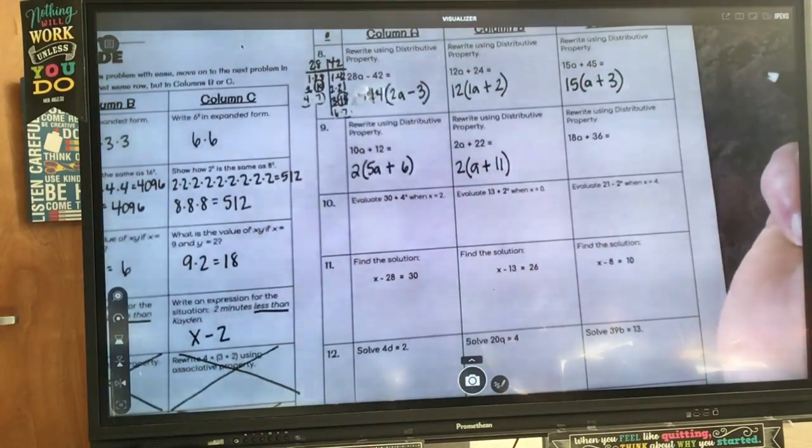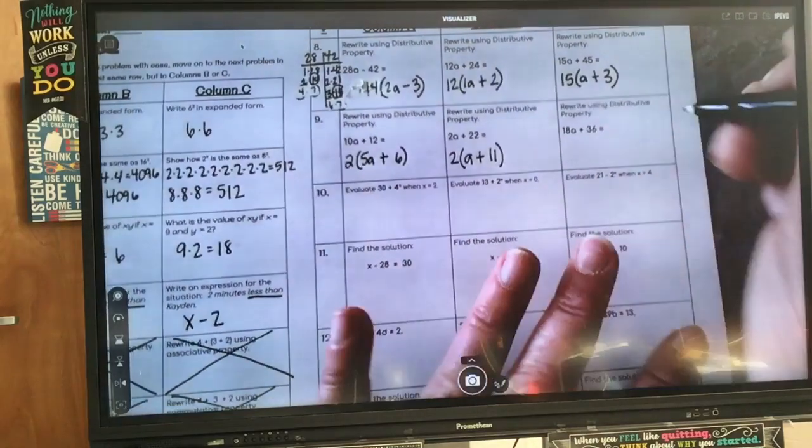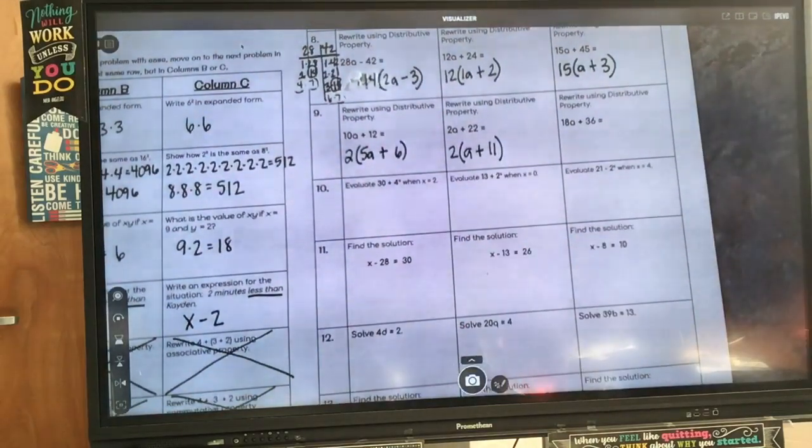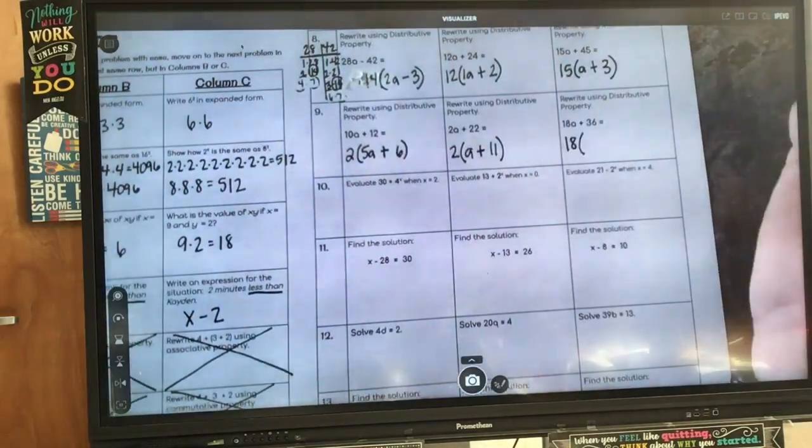No. Can you multiply 18 times 2 and get 36? It's not right. Because if you do your factors, what is 18 times 2? Okay, so then what is our GCF? What's our greatest common factor? 18. So 18 will go here, alright, and then walk me through the rest of it.